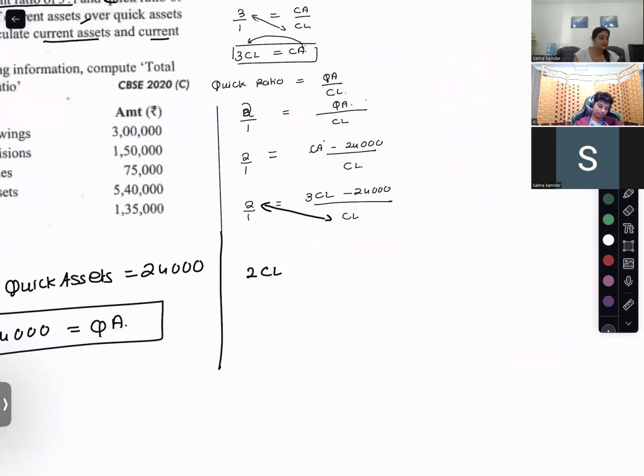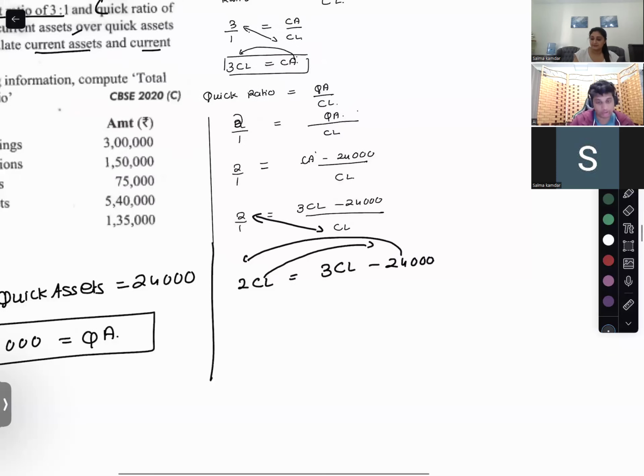2CL equals 3CL minus 24,000. Then I'll bring this 2 over here and this 24,000 there.